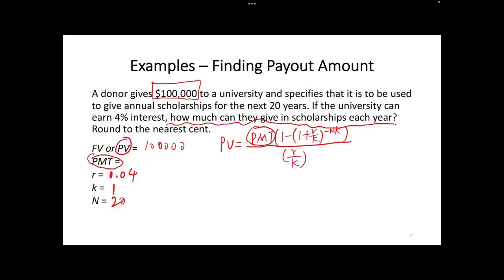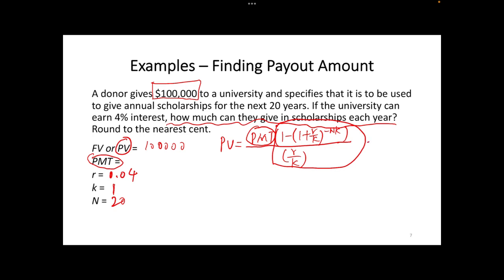So again, we need to derive the formula, solving the linear equation for the payment. In order to cancel out the right-hand side, this whole thing, we need to multiply by its reciprocal.